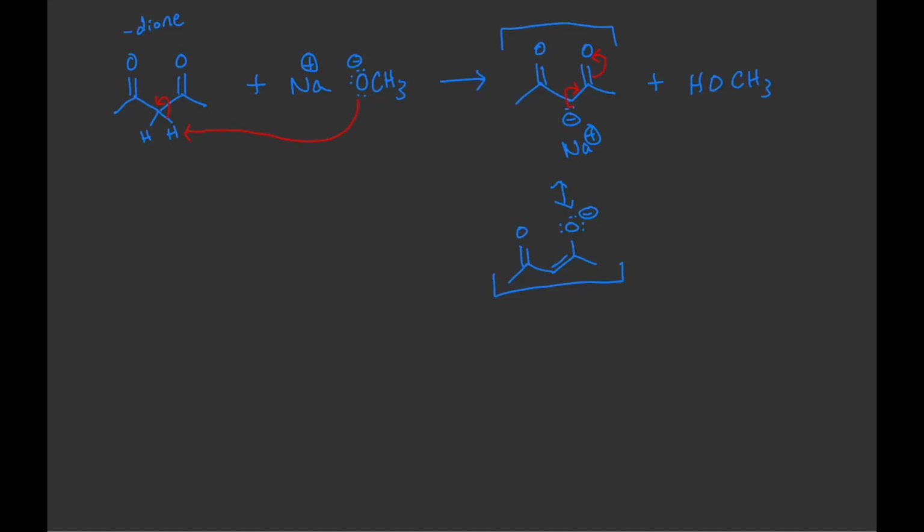Okay, and let's take a look at one more example. We'll use a base that you most definitely have heard of. So for our acid, we will use benzoic acid. Benzoic acid is just a benzene ring with a carboxylic acid attached to it.